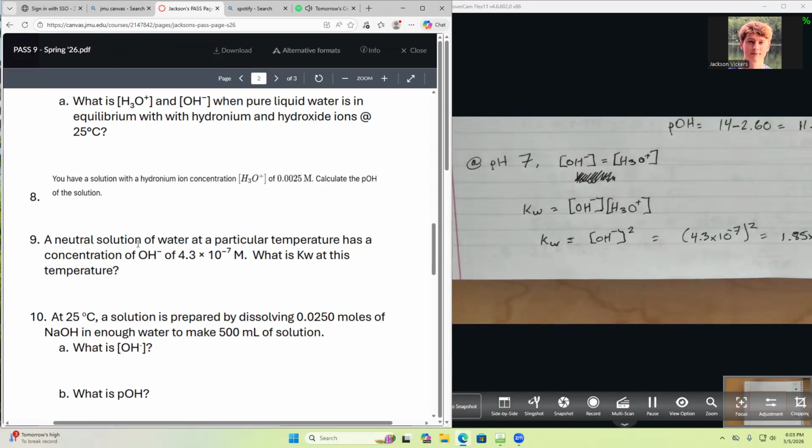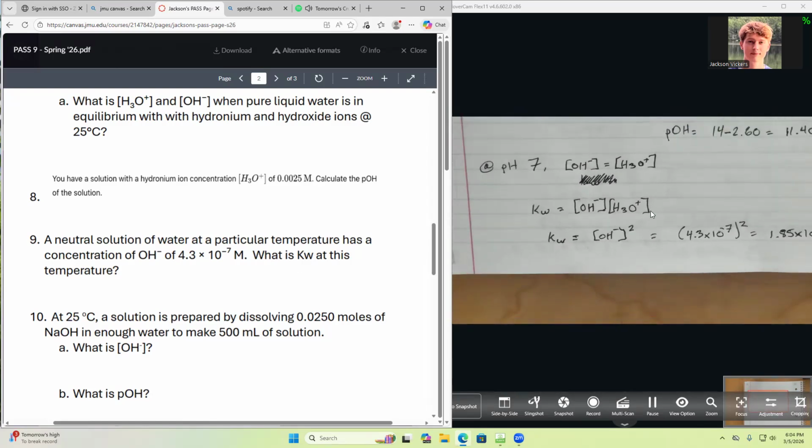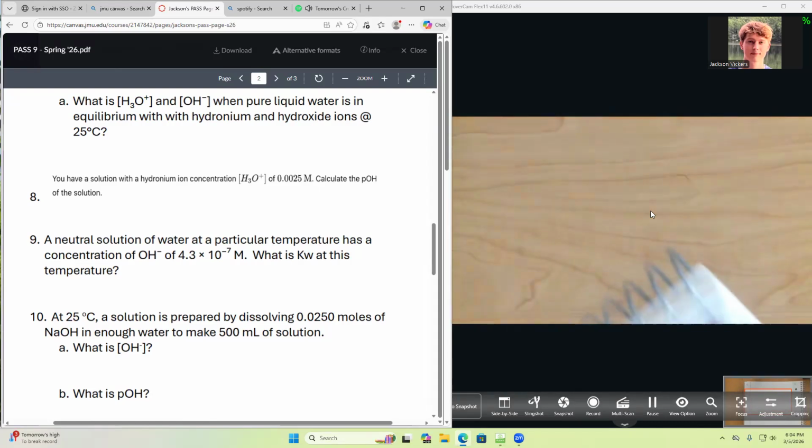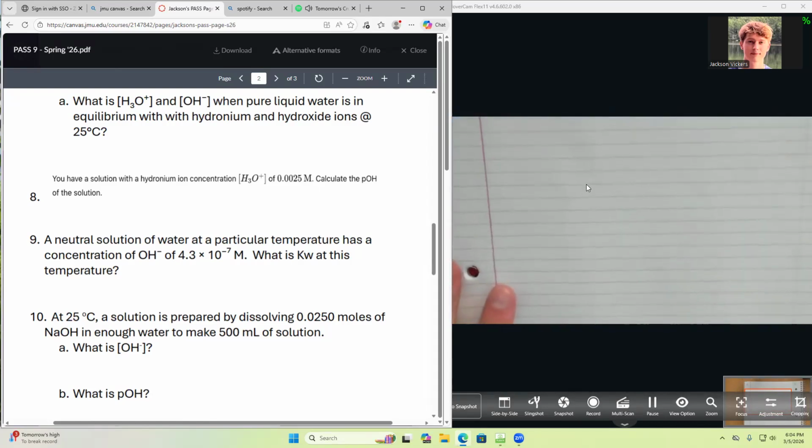You couldn't solve this one with this little amount of information if it wasn't at neutral. Yeah, that was the key thing on this one. Exactly. And this is the only instance where you would do that. This is a very weird, specific problem, but it was in a homework one time, so it's not impossible you'll see it. Everyone feel good about that one?